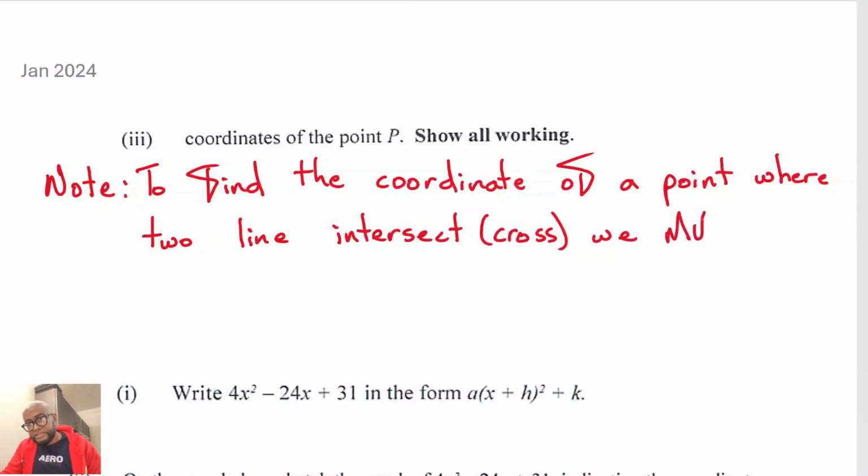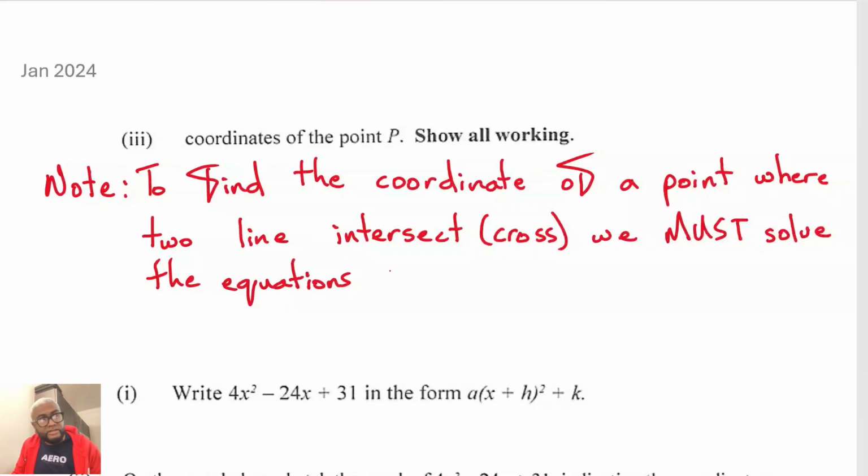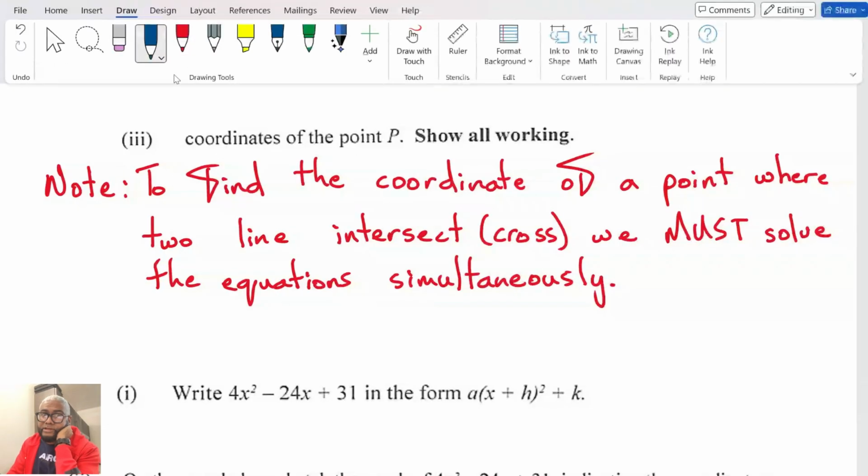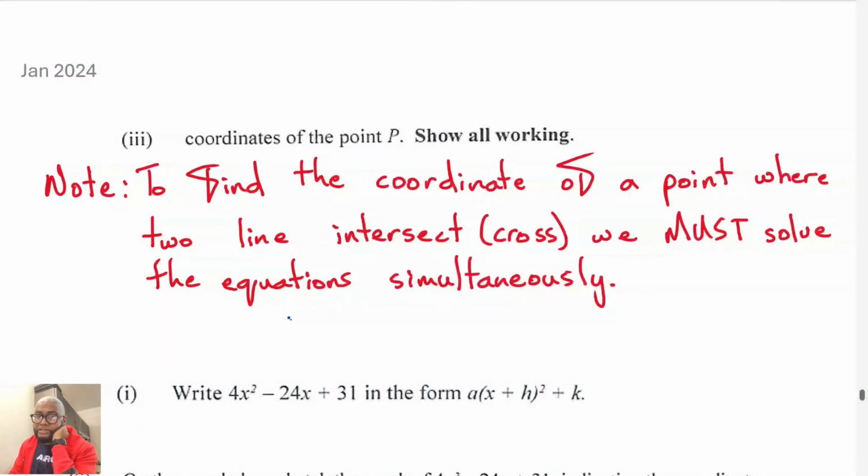We must solve them. Well, solve the equations simultaneously, right? Just don't give me two equations there.